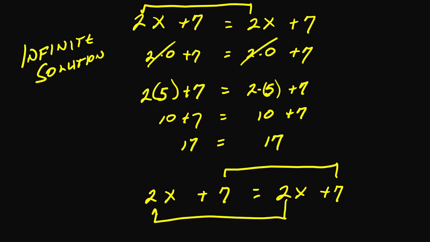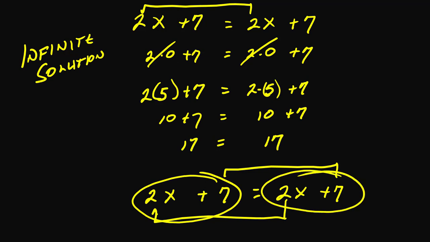They are the same term by term across, right? This equation here is exactly the same as this equation here. Once we've simplified everything, that means there's an infinite number of solutions. Whatever number I put in here goes in here, and we get the same true answer every time. Infinite number of solutions in this case.